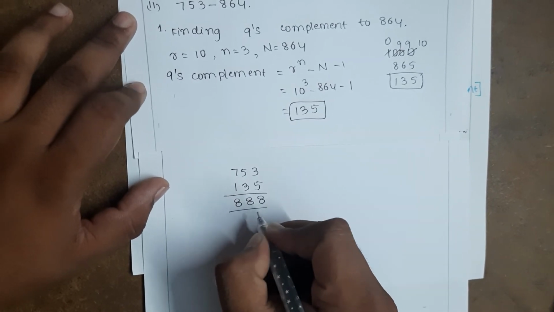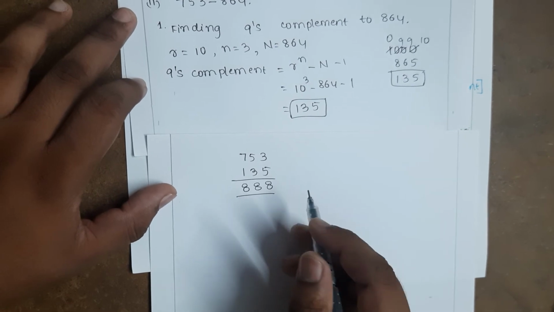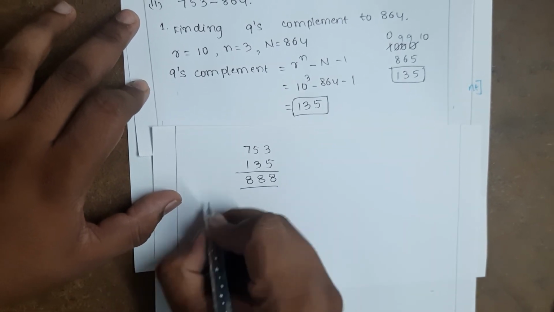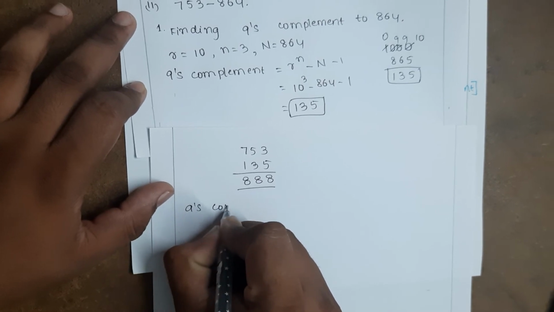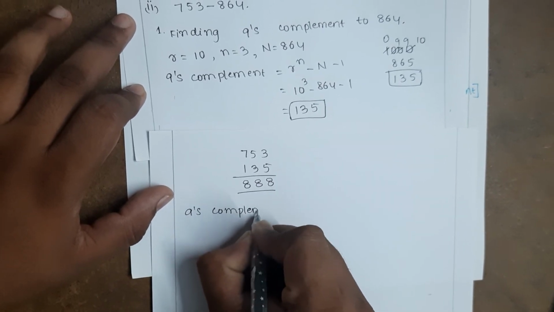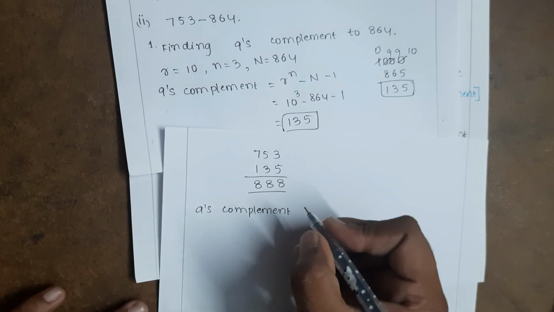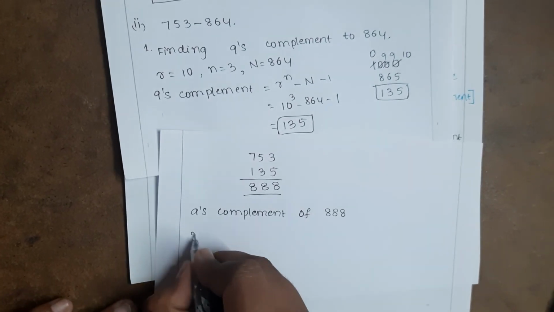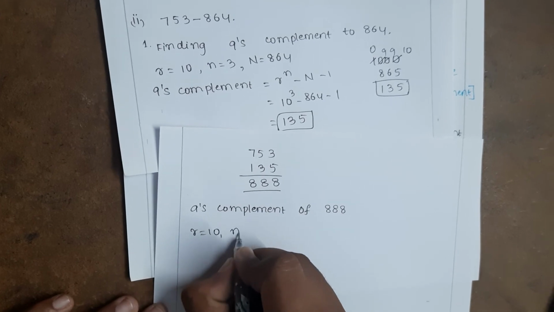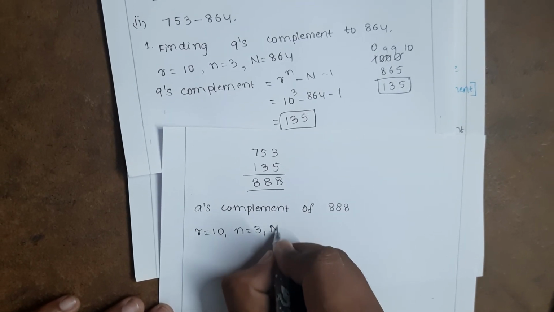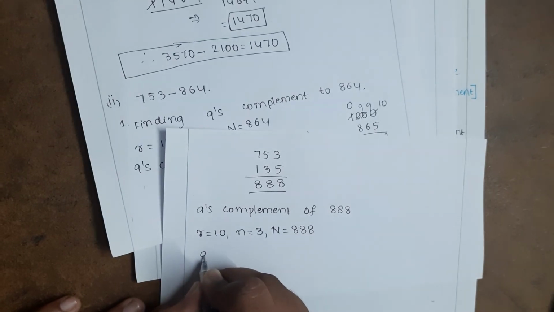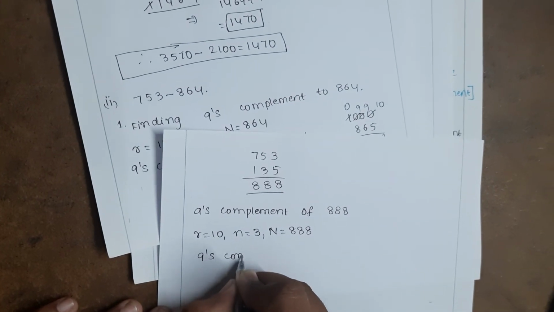Here in this case an end carry is not produced, so we should find the 9's complement of this one, the 9's complement of 888. The radix is 10, the number of digits is 3, capital N is the number itself.